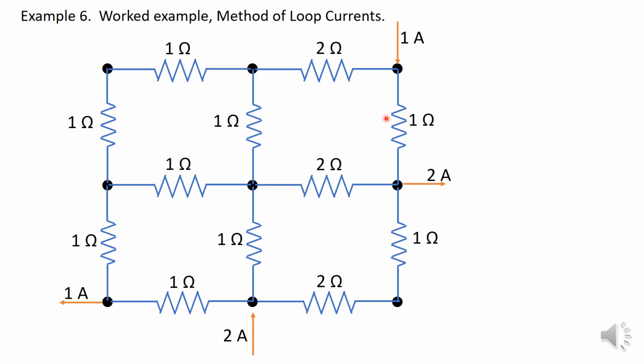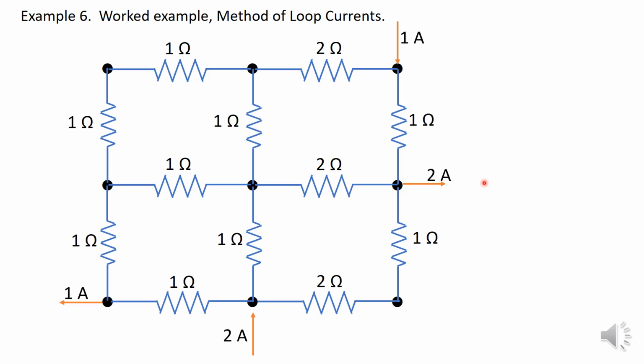Now to this circuit I force currents in and out. So I force 1 amp into this node and I take out 1 amp from this node. I force 2 amps into this node and I take out 2 amps from this node.